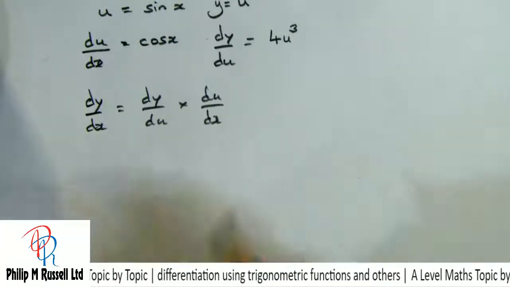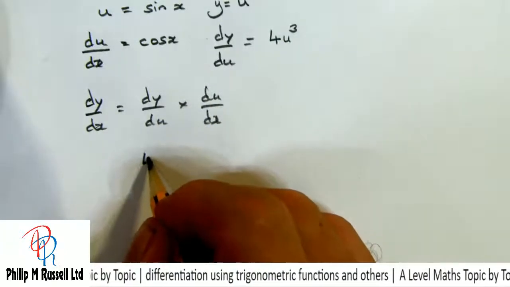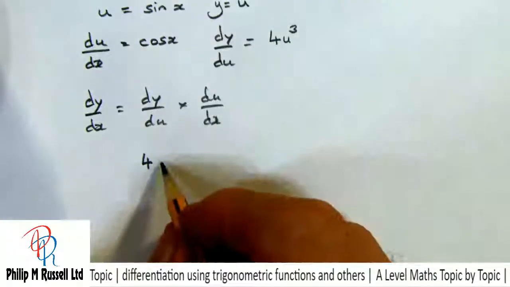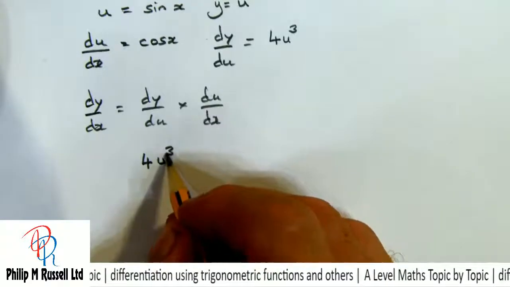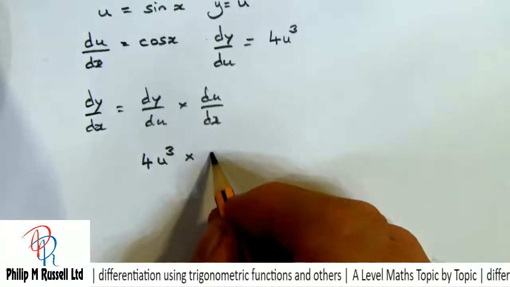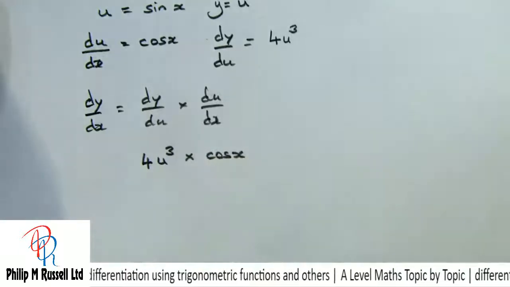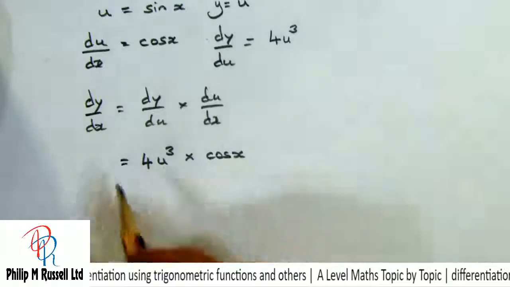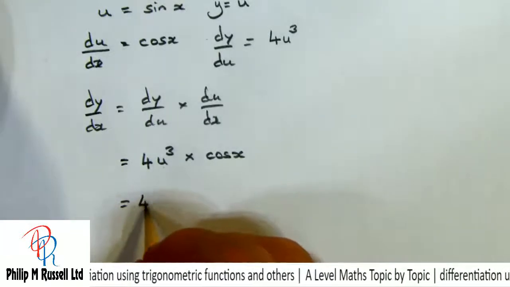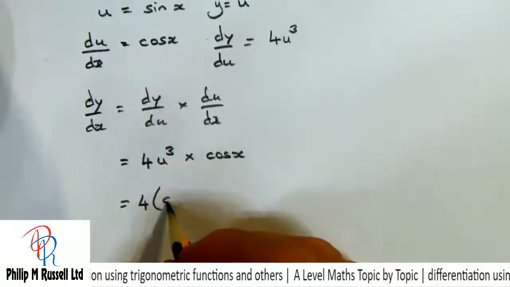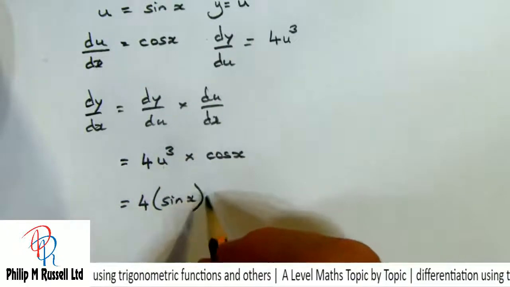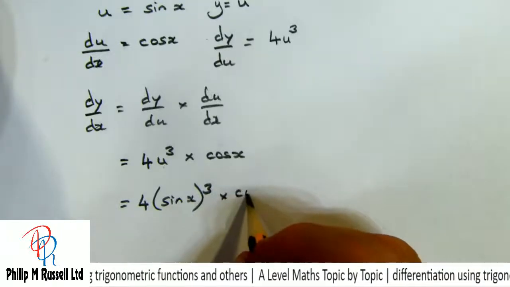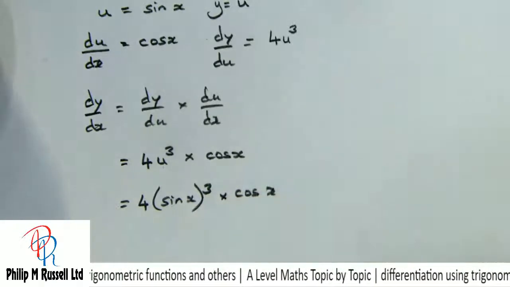Substituting each of those, I've got 4u cubed, which I already know, but I'm just going to write it out here, times cos of x. Let's put in what u is. So this is going to be 4 times sine x cubed, simply times by cos of x.